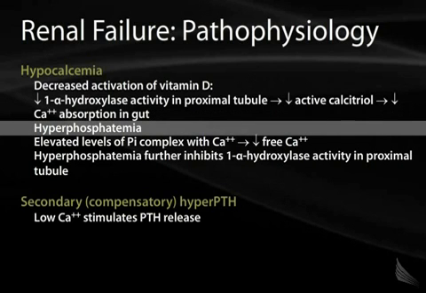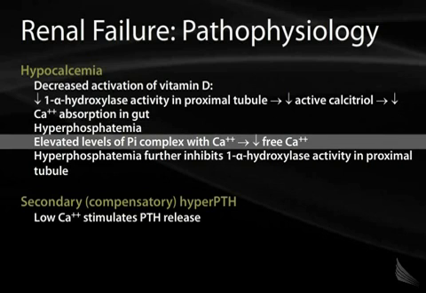Also, hypocalcemia occurs from the elevated serum phosphorus concentration. As GFR falls, renal phosphorus excretion also falls. The end result is increased serum phosphorus concentration. Elevated levels of phosphorus complex with calcium, bind it and leave less free calcium.